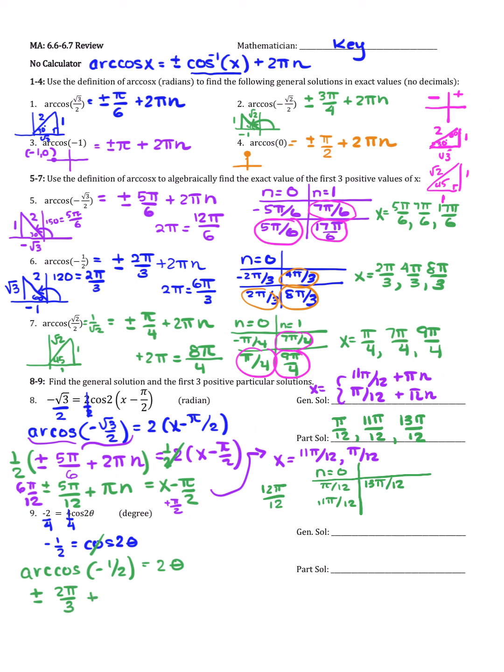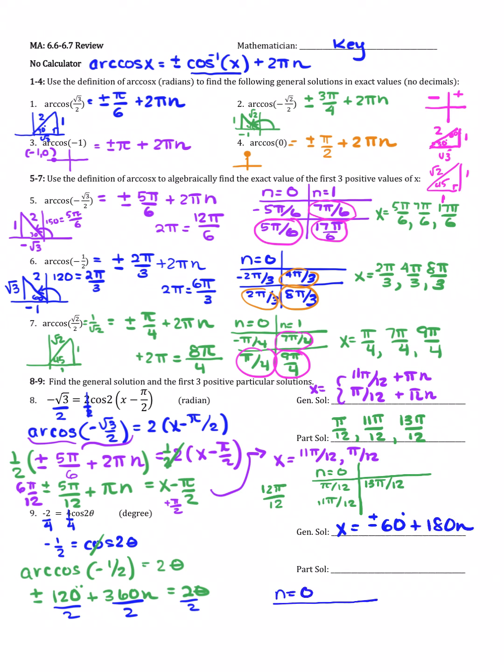Oh, silly me, look at me. I just said we're doing degrees, and here I am going into radians. Sorry about that. So that's going to be 120 degrees plus 360 n equals 2 theta. And then we will divide everything by 2. So your general solution is plus or minus 60 plus 180 n.